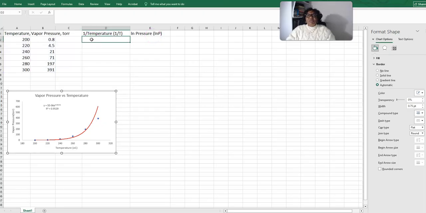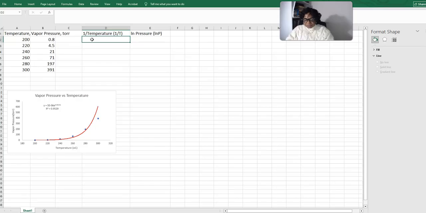Click this box, put equal sign, then click temperature. Put 1, then divide it by temperature, because that's what we want. Then press enter, go back here and pull it down. Then you get 1 over temperature for all these values.